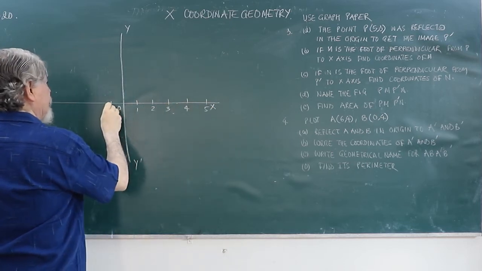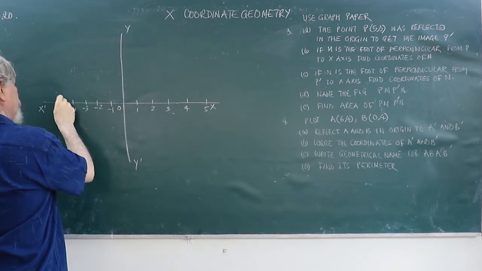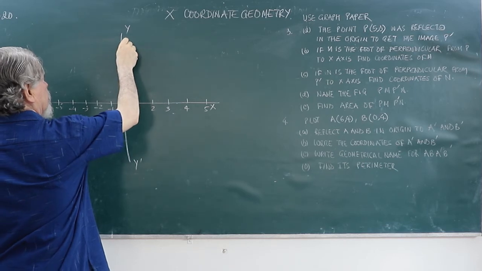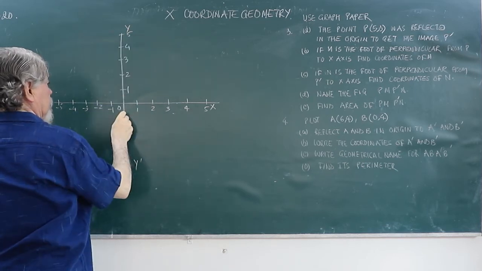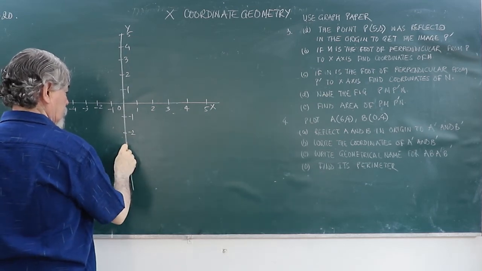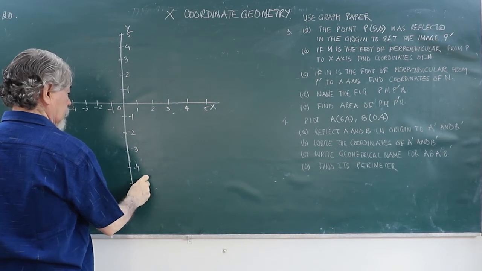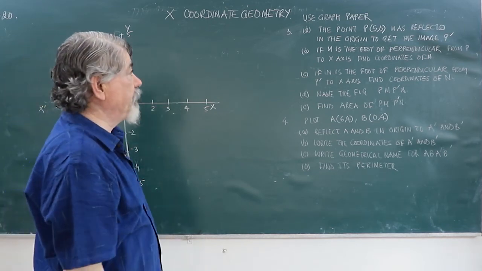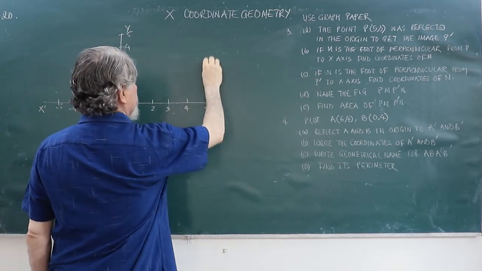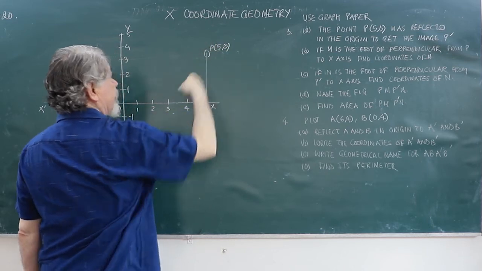He's not using any scale, so we use the scale 1 centimeter is equal to 1 unit. Let's plot it. P is 5, 3. So 3 parallel to this here. Point P is 5, 3.